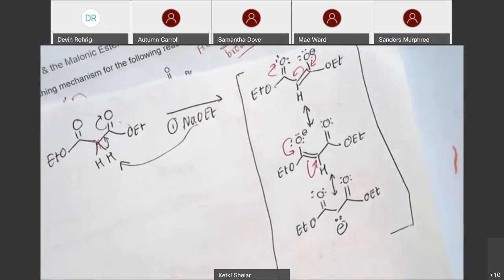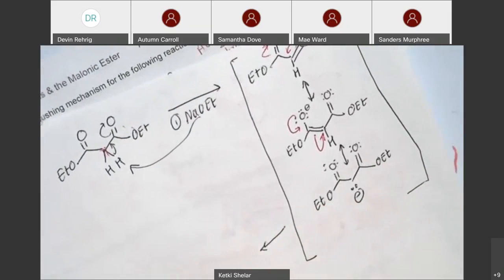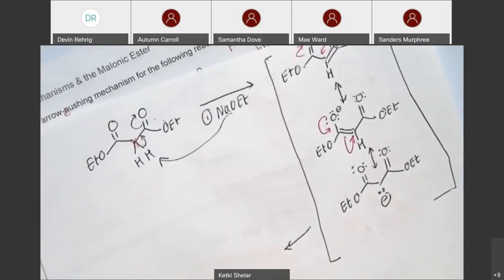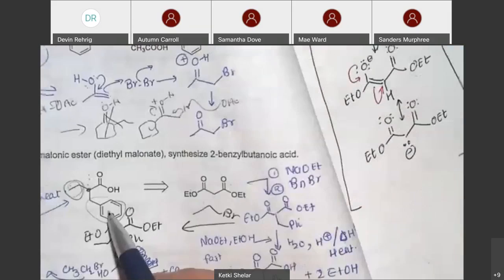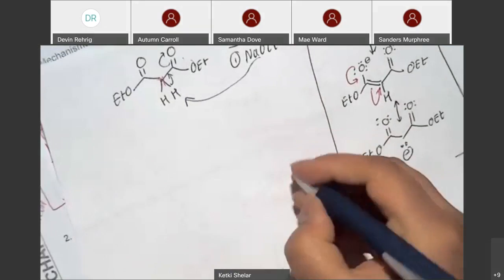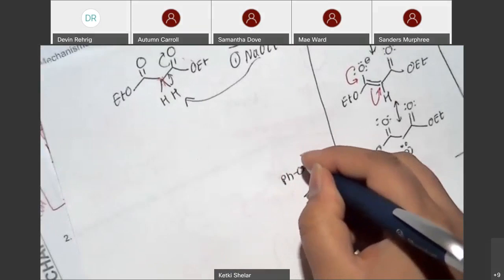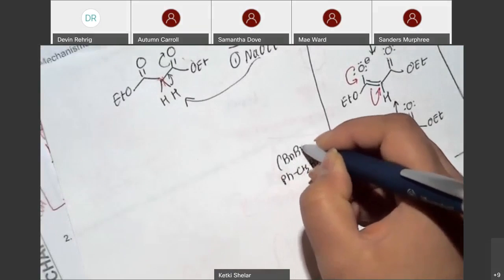So after this, let's move to the next addition. The first addition, as you can see in the structure, there is a phenyl and a CH2 group. So you will draw phenyl CH2Br, that is also known as benzyl bromide.